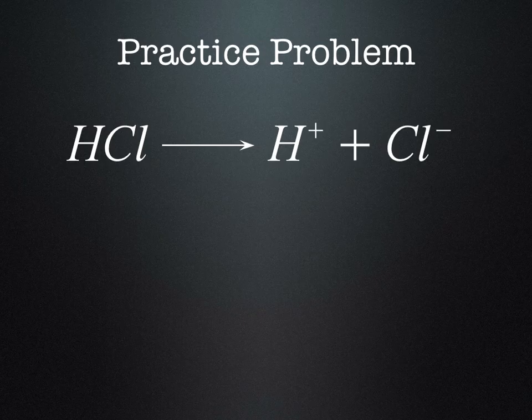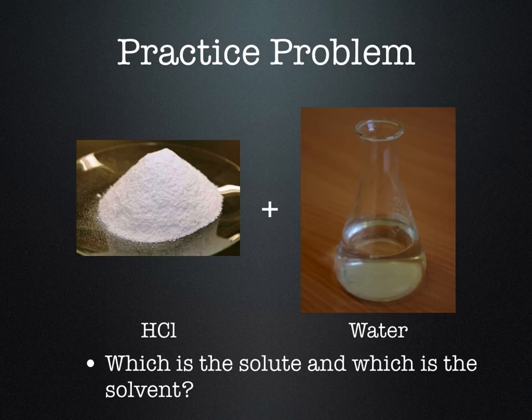If you're having trouble reading this, basically what this means is the HCl breaks up in water and produces H plus and Cl minus. The H plus is going to produce either an acid or a base, and we'll find out which in just a moment.